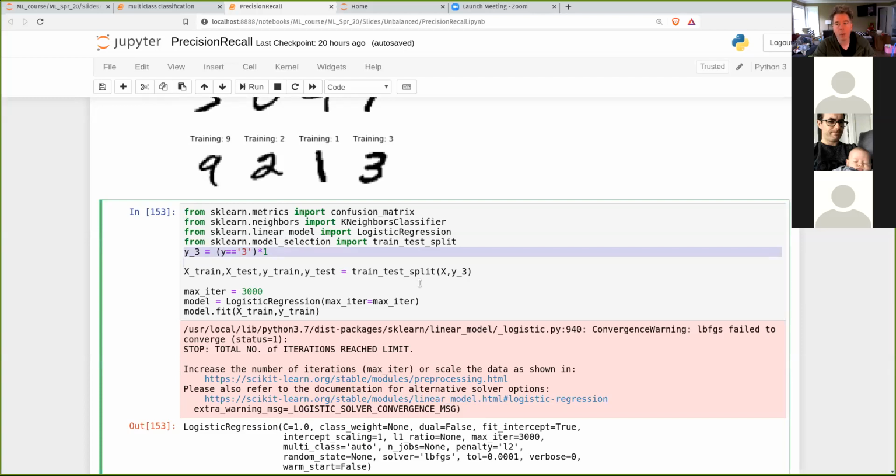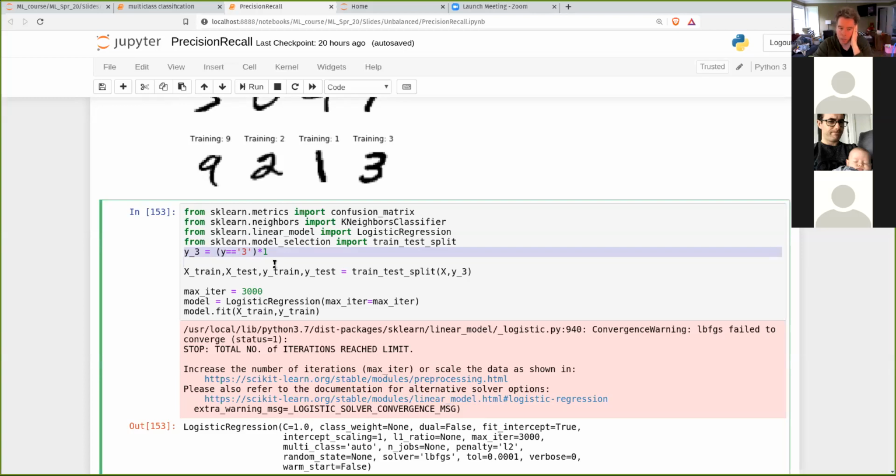But I turn it into a binary classification problem just by changing y so that it's 1 if the digit is a 3 and 0 otherwise. Normally we use +1 and -1 when we're doing the math, but I'm just using the sklearn library here and it can handle 0 and 1.